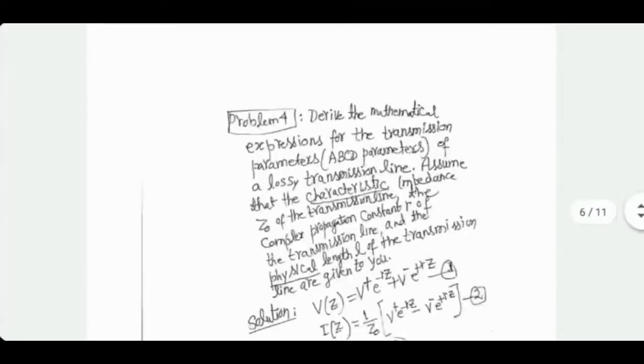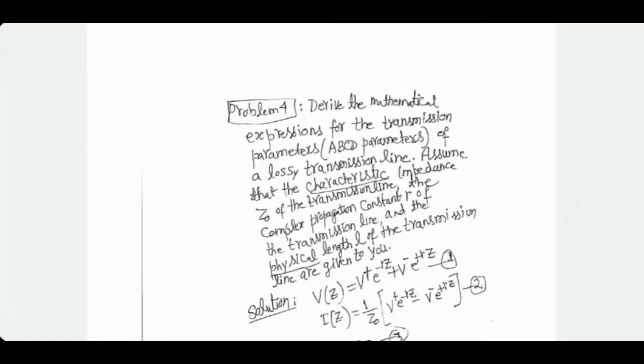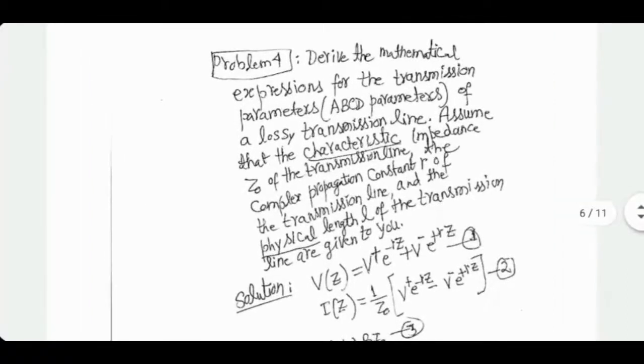Okay. Then we move to ABCD parameters, which is actually more important than anything else in microwave engineering. The basics are not very different, but details of derivation are going to be different for sure.